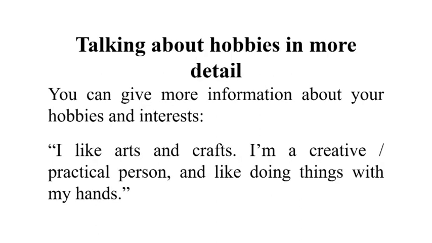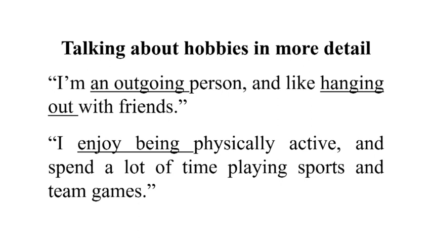So when you talk about your hobbies in more details, you can give more information. For example, I like arts and crafts, I'm creative, I'm a practical person, whatever. I like doing things with my hands. I'm an outgoing person and I like hanging out with my friends. Outgoing person. That's basically, literally, a person who likes going out.